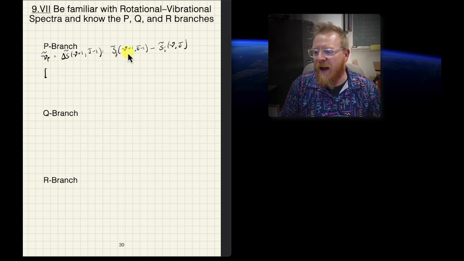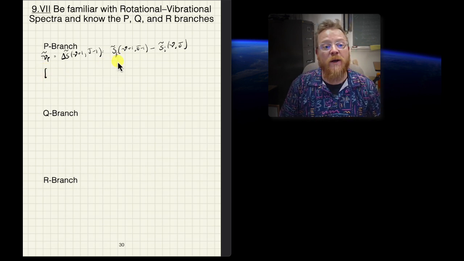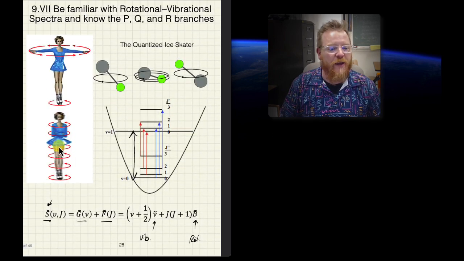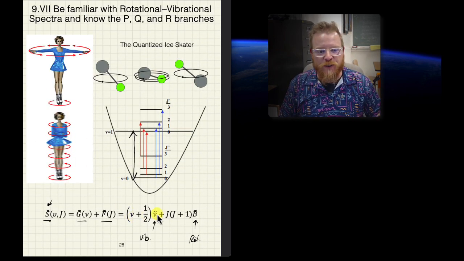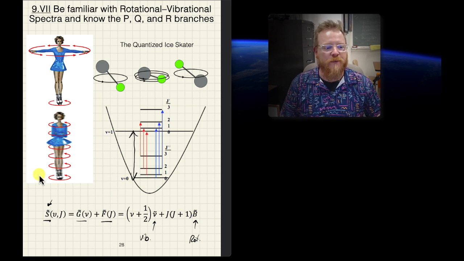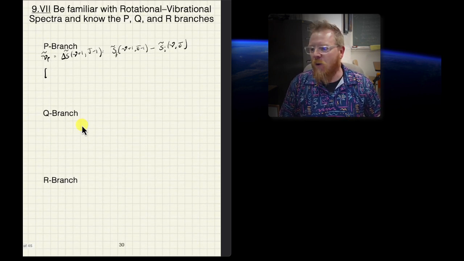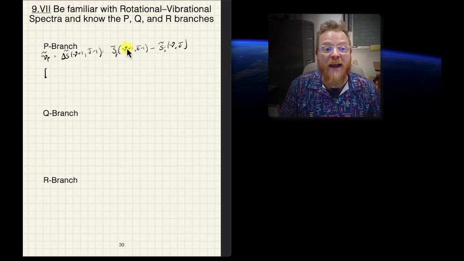So if you recall, my S function was, we can locate it right there. There it is: nu plus 1/2 times nu tilde plus J times J plus 1 times B tilde. So collecting all of that, my S final state is going to go as the following.